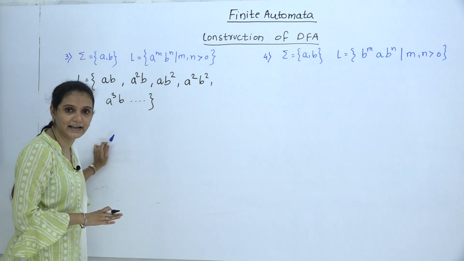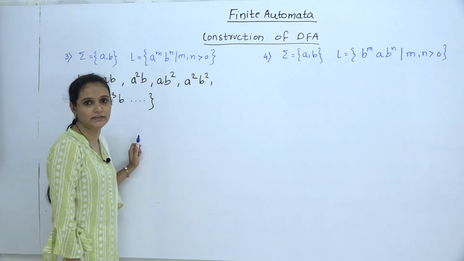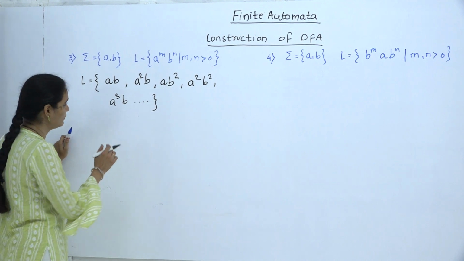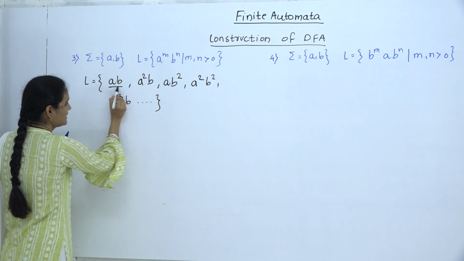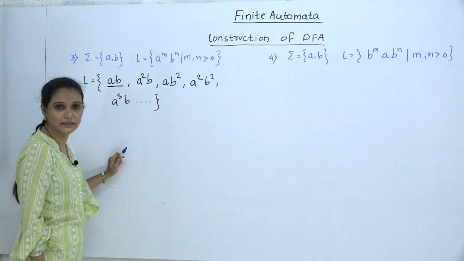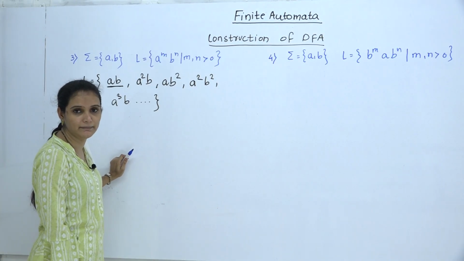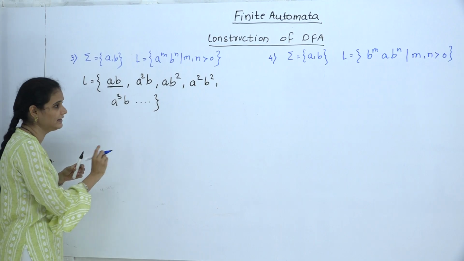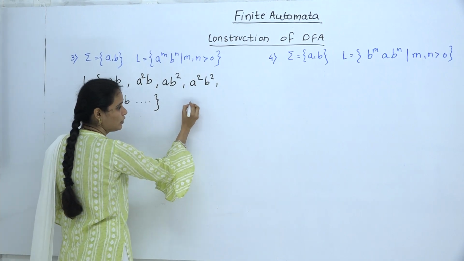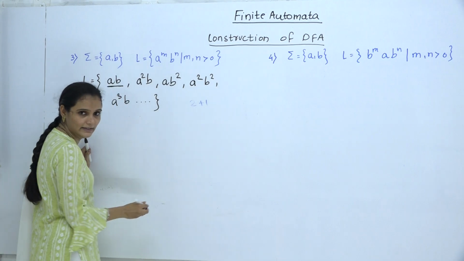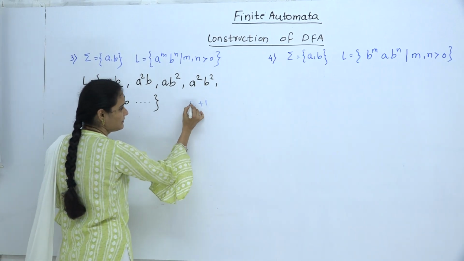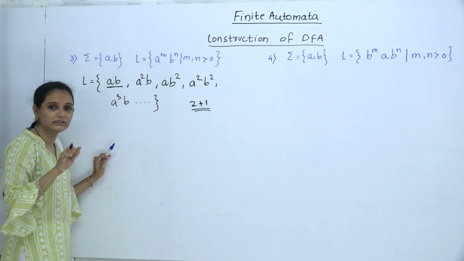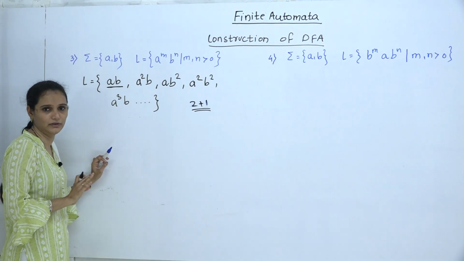So for that language we are going to design the DFA. In the previous video I told you what to do. First, consider the minimum length string. What is the minimum length string here? ab. Its length is 2. So 2 plus 1, students, is my observation that 3 states are required in that particular DFA.